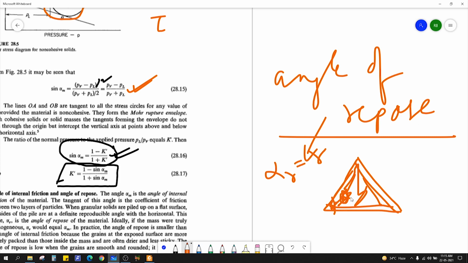If you pour solids on a surface, they will make a heap in the form of a 3D cone. The angle that the slanting side makes with the surface is called the angle of repose, right?